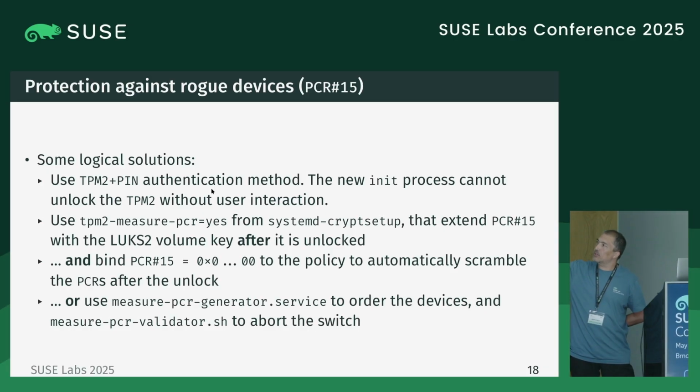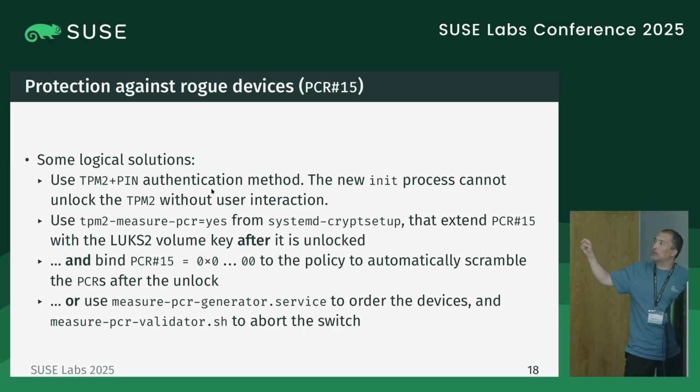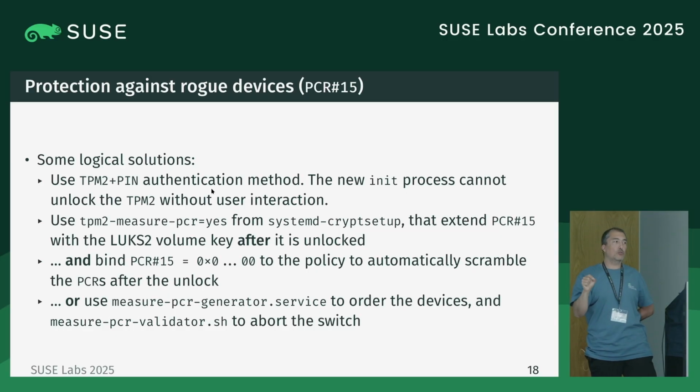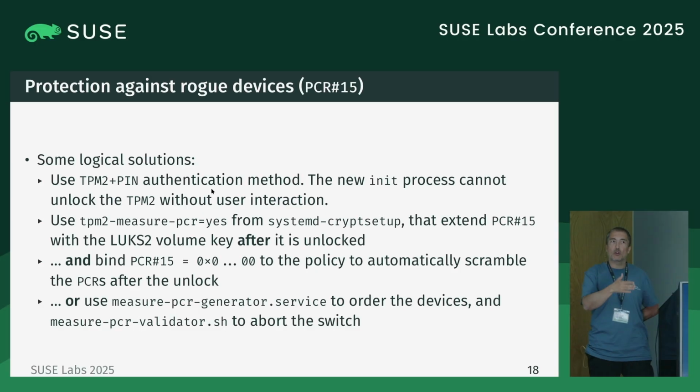Another one is using a new property of systemd-cryptsetup, using in /etc/crypttab a property named tpm2-measure-pcr=yes. Once the device is open, it is going to extend PCR 15 using the volume key of the LUKS device, in any order that the device is opened. So if you have two devices, there are going to be extensions, but with an order that is not specified at the beginning.